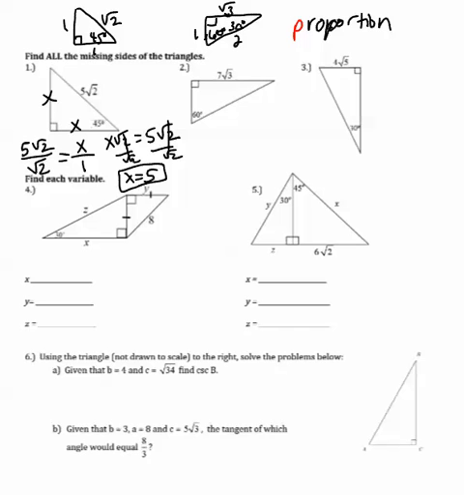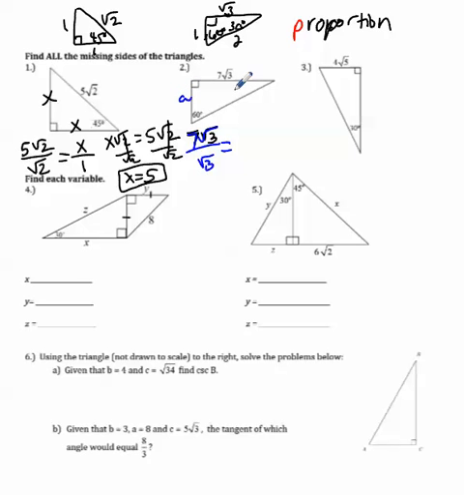I'm going to switch colors just so that I don't lose track of which goes with which problem. In problem 2, I have my long leg labeled as 7 root 3. So I'm going to write 7 root 3, and then divide that by the long leg in the parent, root 3. And that is going to equal, let's find our short leg first.